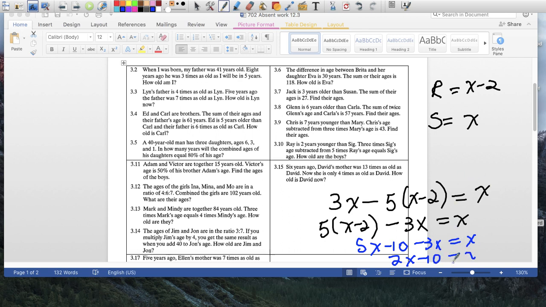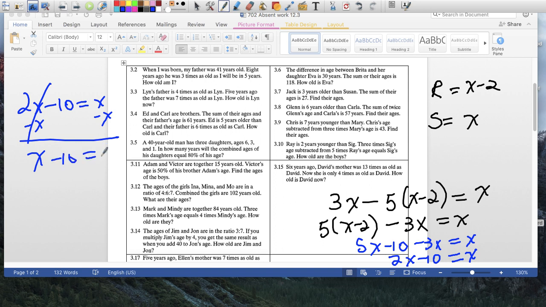If I subtract x from each side, I get 2x minus 10 equals x. Variable on each side, so I'm going to get rid of this x, and I do minus x over here. This becomes x minus 10 equals 0, and plus 10, x equals 10. So Ray is 8, and Sig is 10.